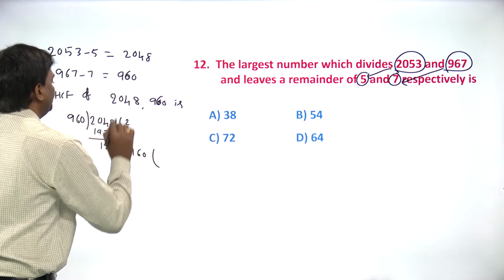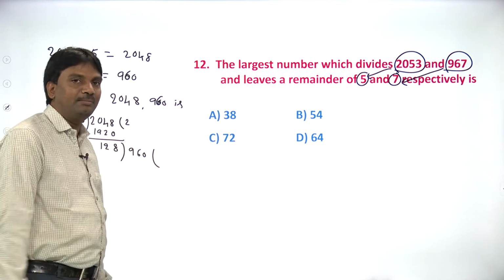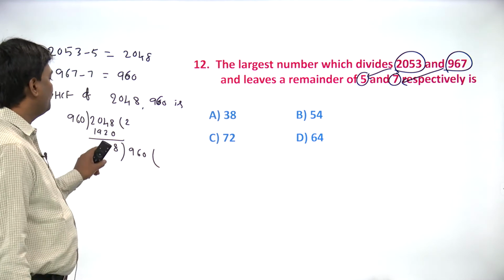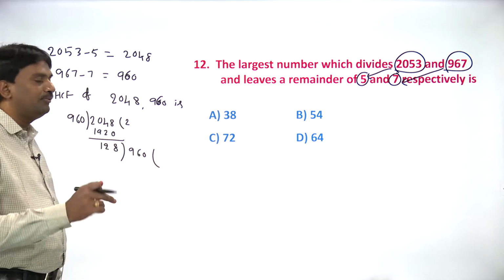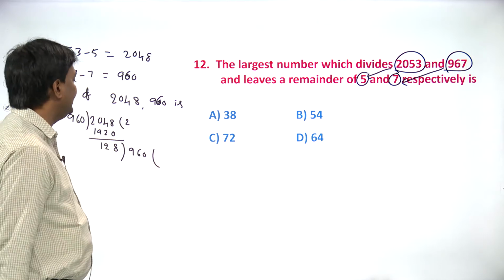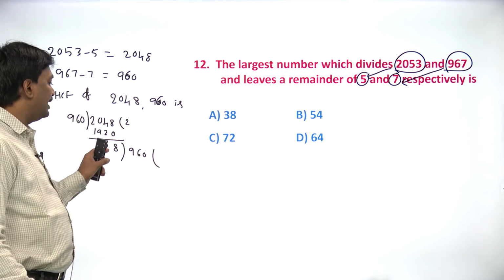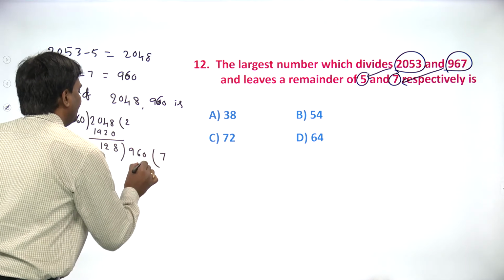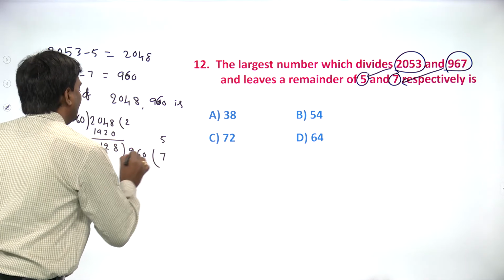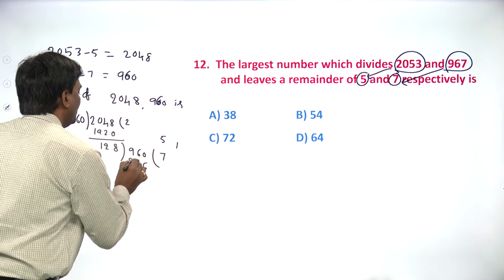So by dividing 960 by the remainder 128, if you take 7, 7 8s are 56, 7 2s are 14 plus 5, 19, 7 1s are 7 plus 1, 8.